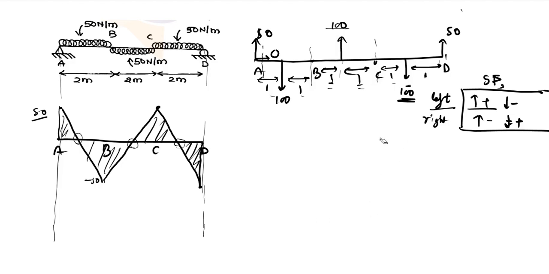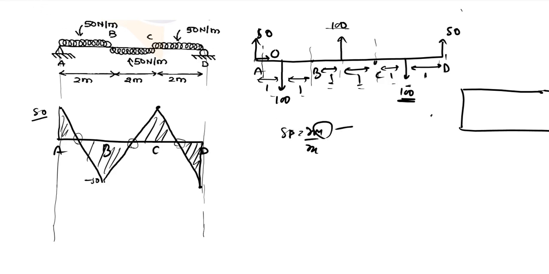The easy way of deriving this is that shear force is nothing but dM by dx. So the bending moment will be maximum, or minimum depending on the sign of the moment, where the shear force is 0. Say you have some function f of x and you want it to be maximum or minimum, you just differentiate it and equate it to 0.